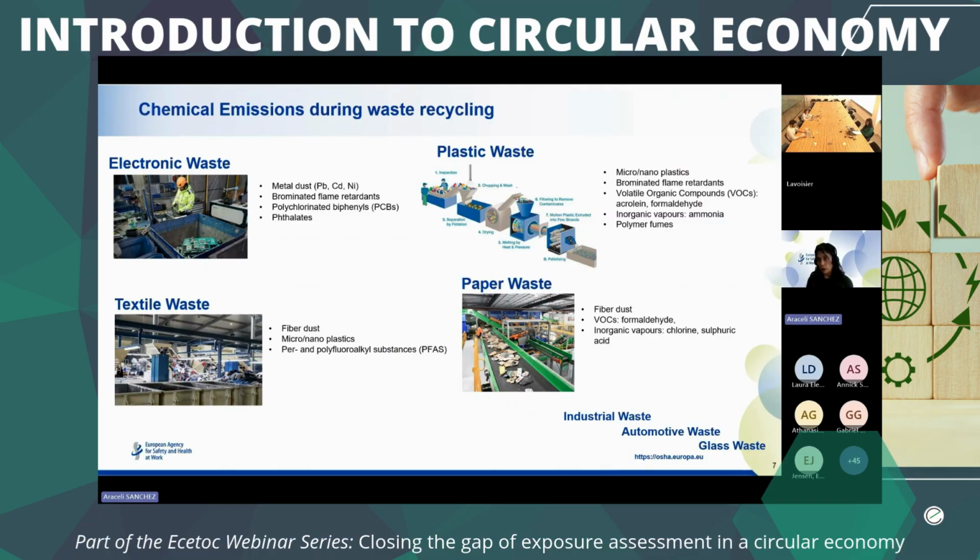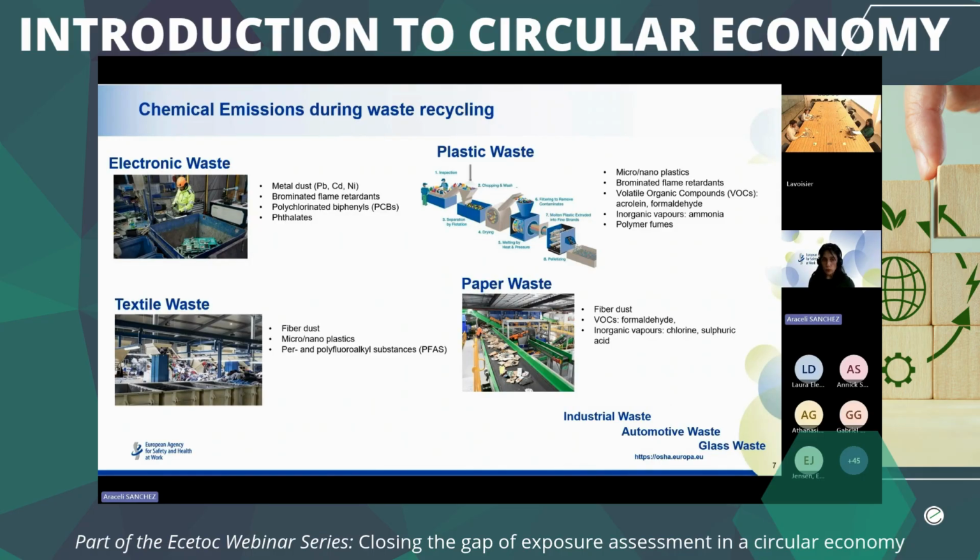In plastic waste, the dust is going to contain microplastics or nanoplastics, flame retardants too, but also we're going to have volatile organic compounds and also inorganic vapors. During the melting of the polymers to recycle, it's also very likely that polymer fumes are formed.